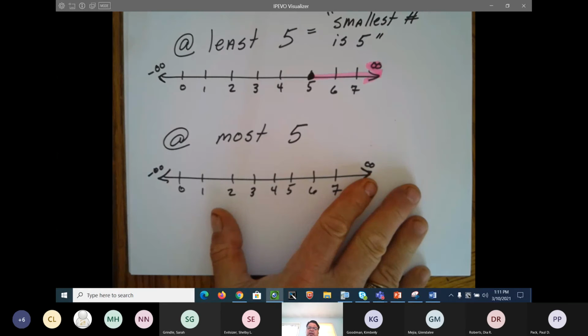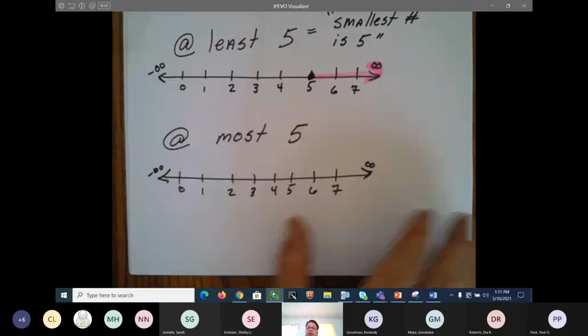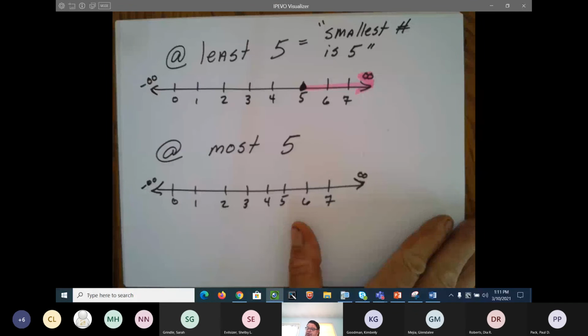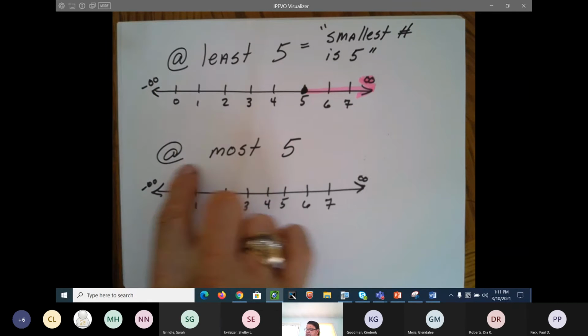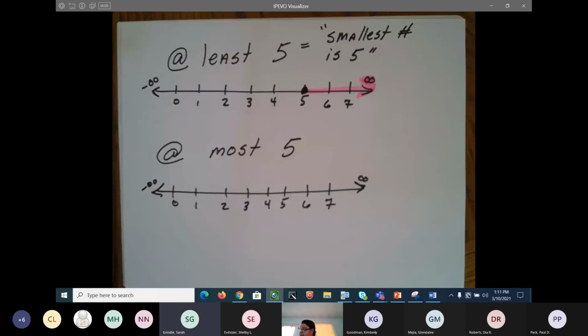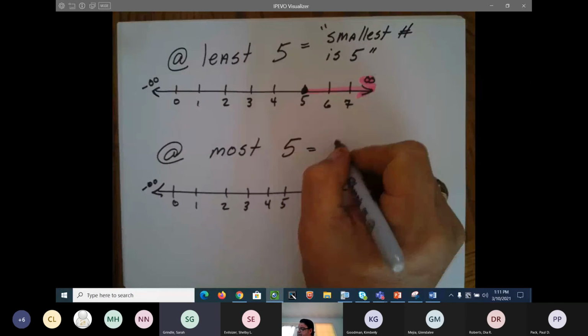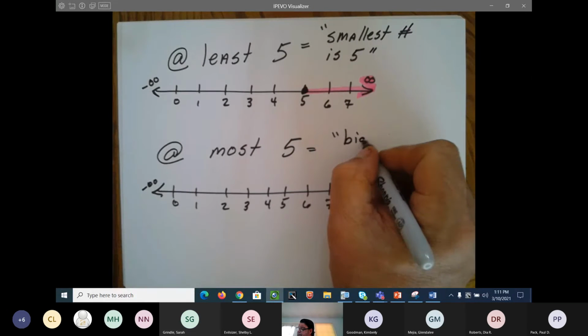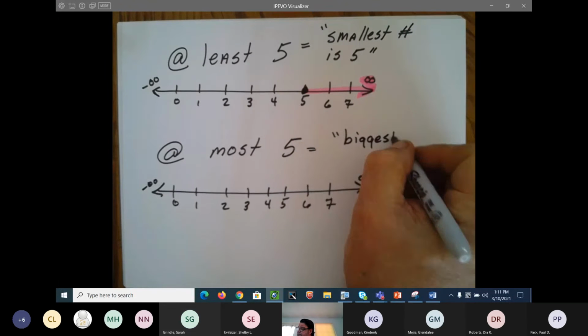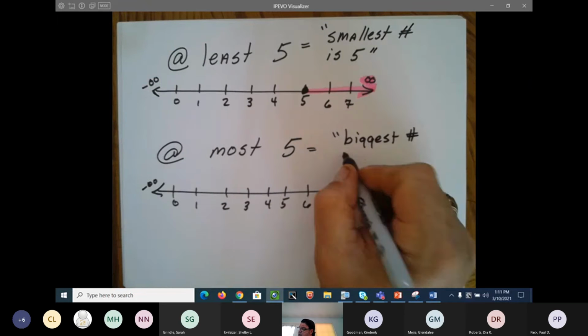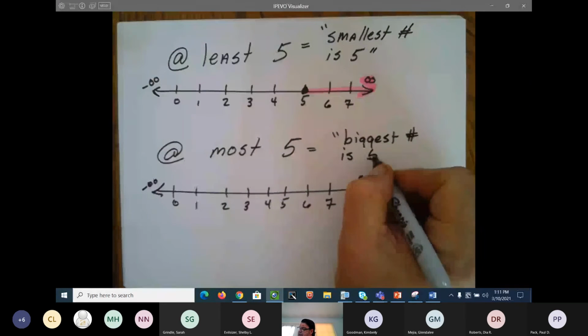So if "at least 5" means the smallest number is 5, then what does this mean? The biggest number is going to be 5. Now, why did I show y'all this?